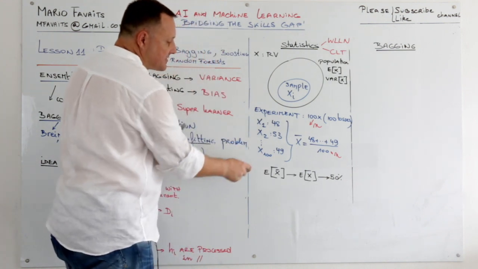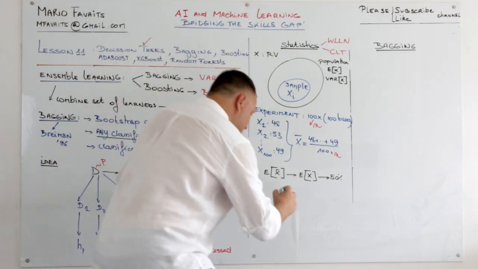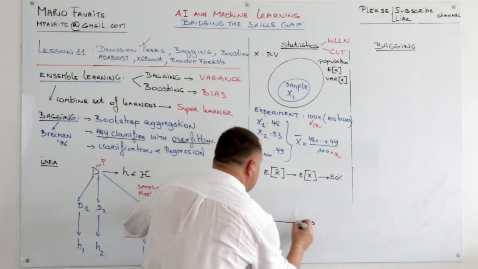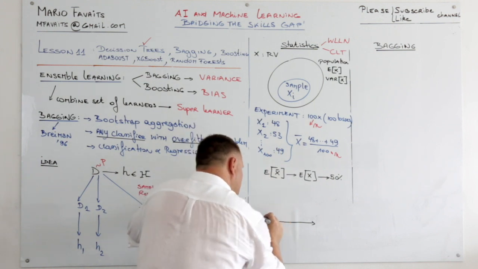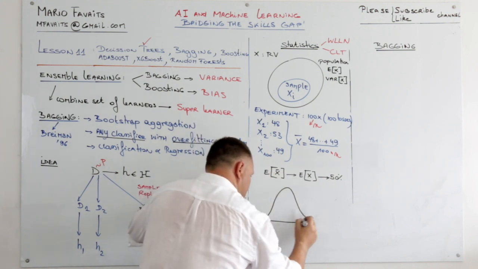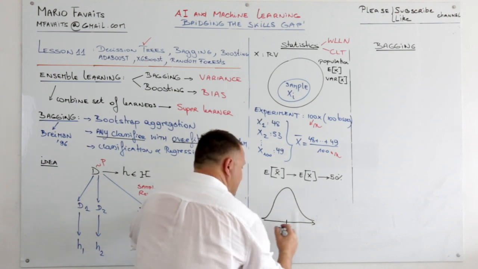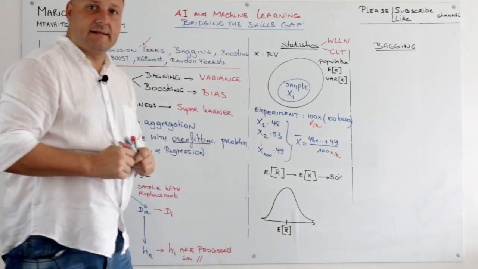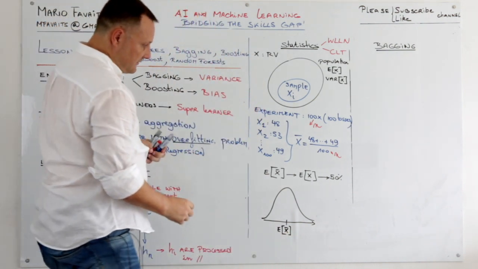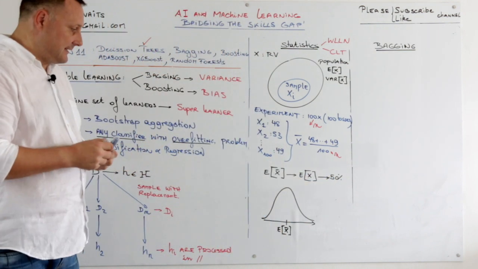This here we could also plot. And the central limit theorem says that all these xi's are normally distributed, and the expected value is the expected value of the sample mean. So your mean will be around 50% when n is high.